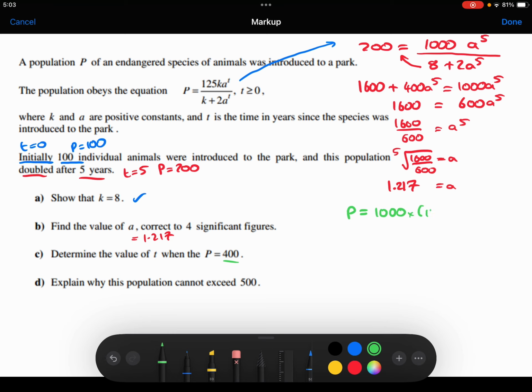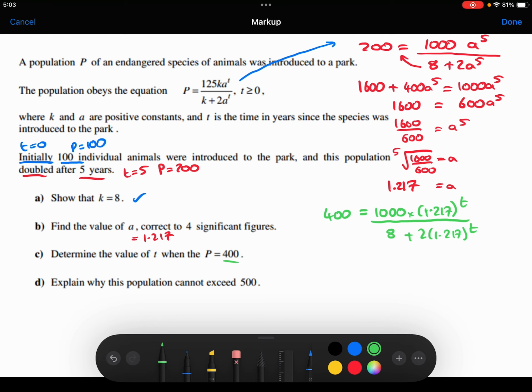The a is 1.217, and that's going to be to the power t. On the bottom, we know that k is 8. And again, we know that a is 1.217. And we need to find the value of t when P is 400. So let's put 400 here.